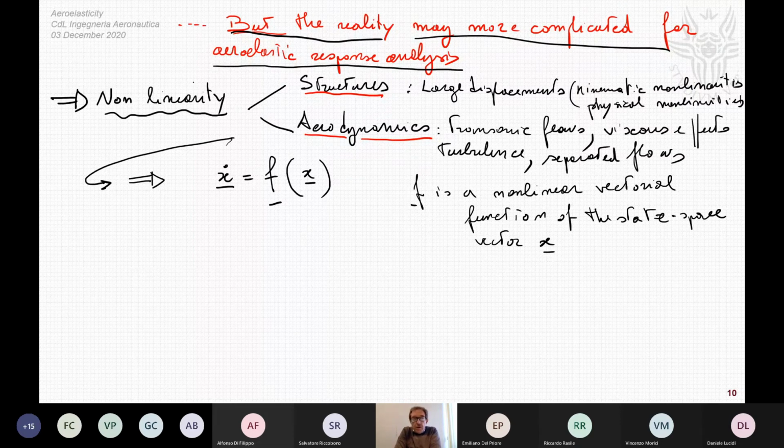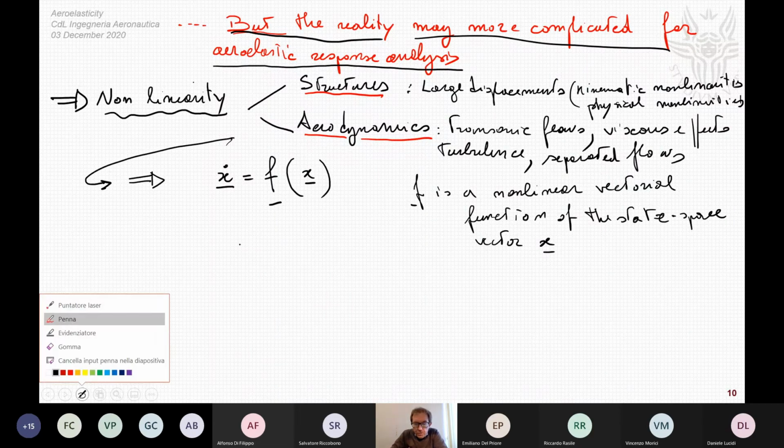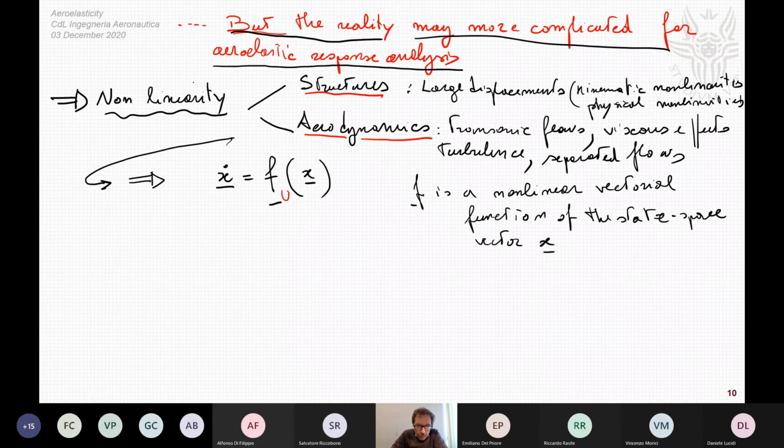If you were a very good mathematician or scientific expert, you probably would be able to obtain this nonlinear model. And this nonlinear model should depend on the flow characteristics, so you should have a parametric dependency of this vector f on u, which is the flow velocity u infinity.